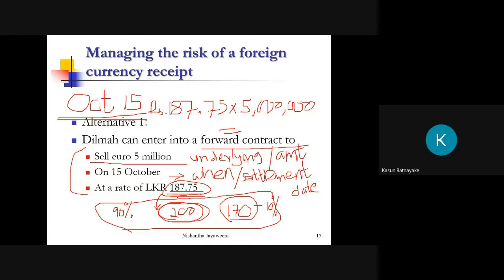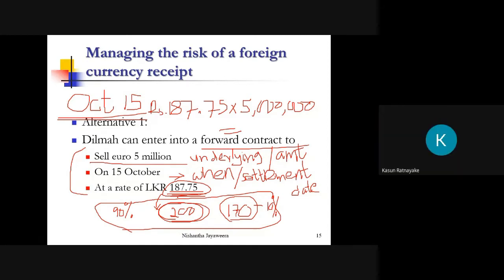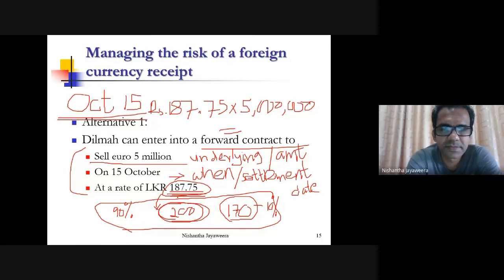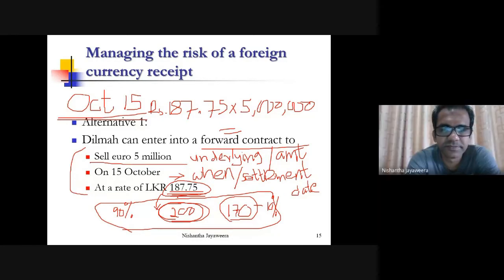Because the bank may have some other transaction against this export proceed. In such a situation, the bank will be in a problem, because the bank will be short of euro. Yes, euro.